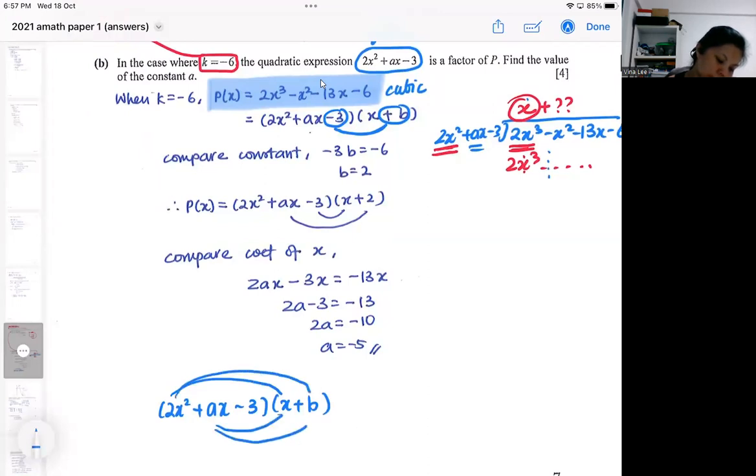You will find that there are 6 arrows. Out of the 6 arrows, the only one that can give you the constant will be -3 times b. And this -3 times b will be equal to -6 here. So that's how I got my b to be 2.